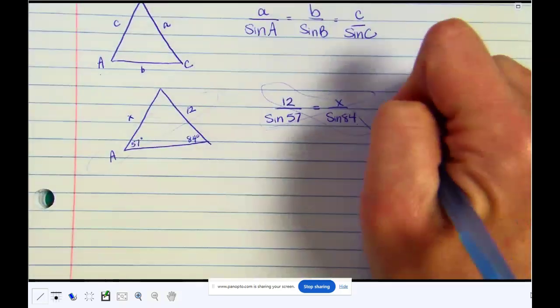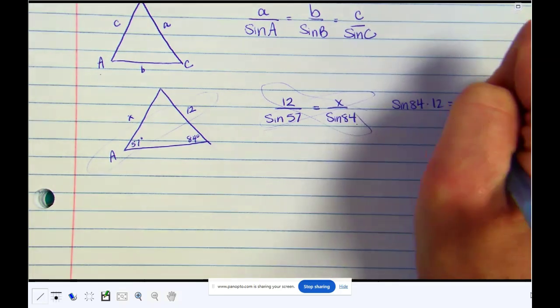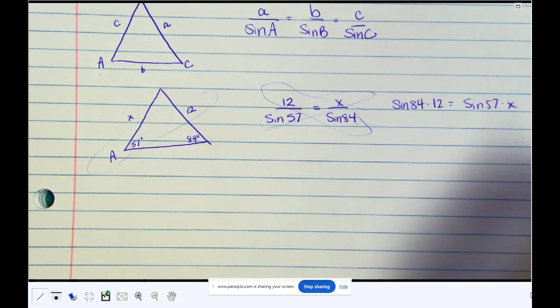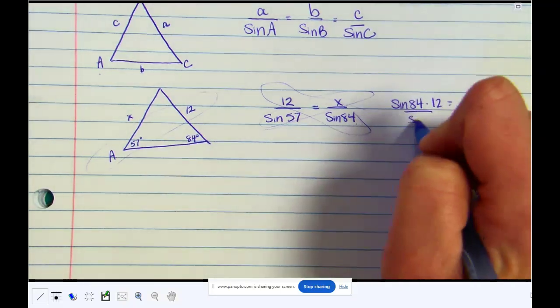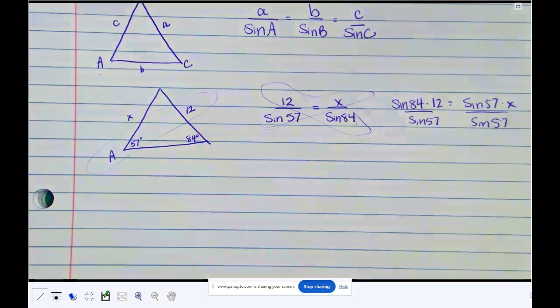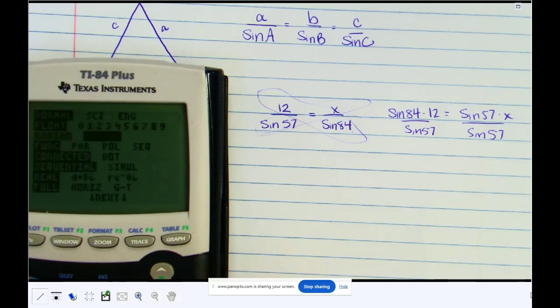Okay, so if I cross multiply, I have sine of 84 times 12 equals the sine of 57 times X. Make sure that you switched to degree mode. Otherwise, you will get it wrong. And we will not be switching back, I believe.